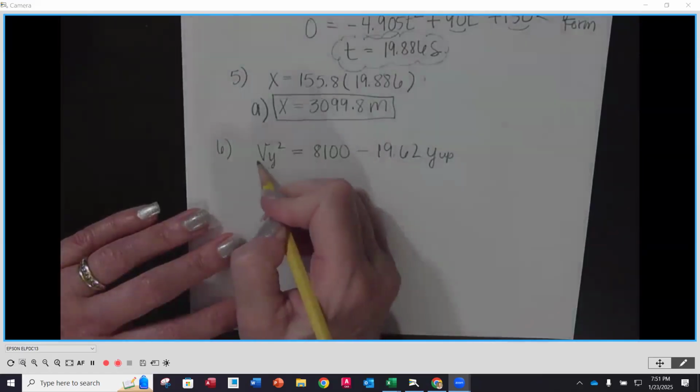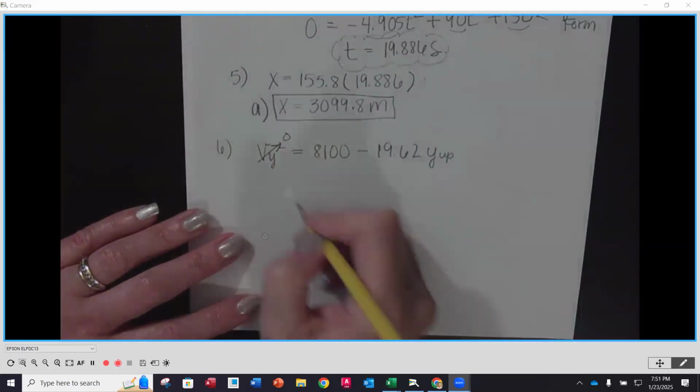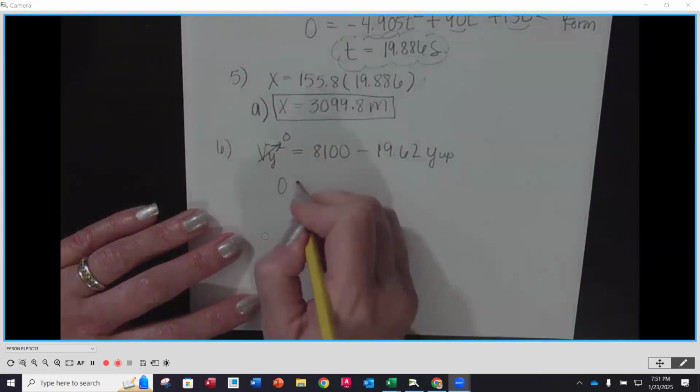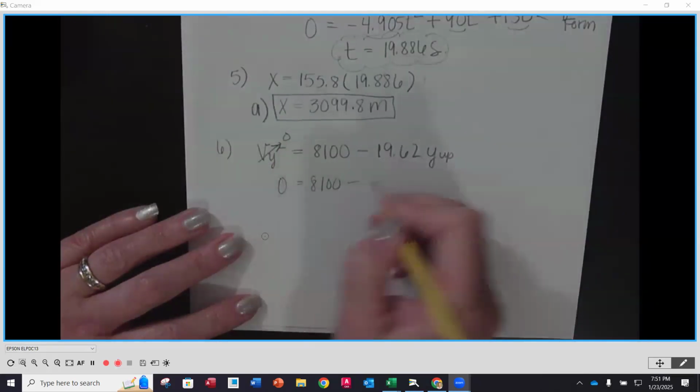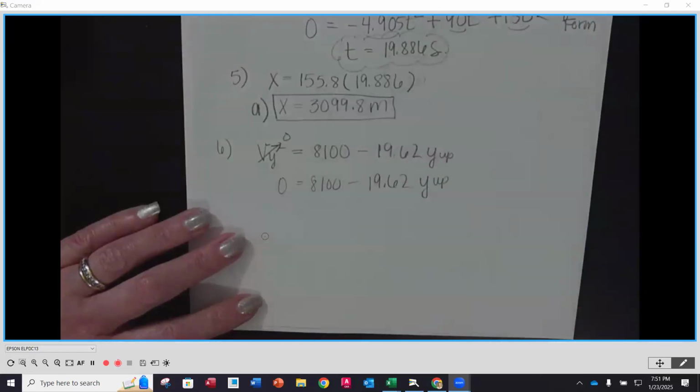Because at the very tippy top, remember, our Vy component of the motion is equal to 0 because it's changing directions. So 0 is equal to 8,100 minus 19.62 Y up. Our only unknown in this equation is the Y up.